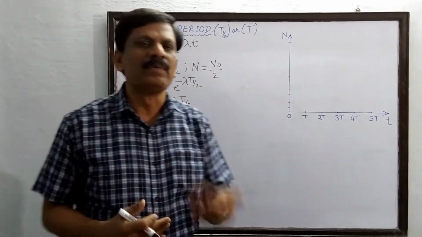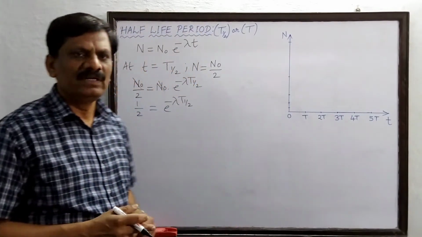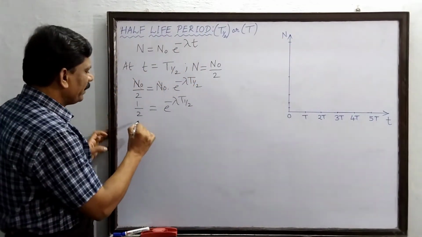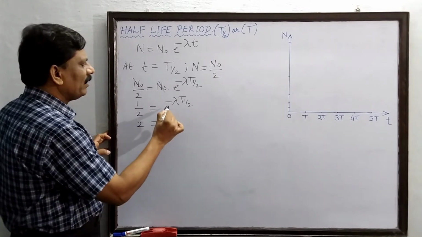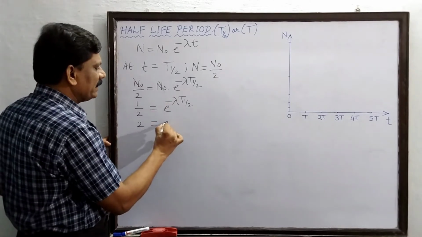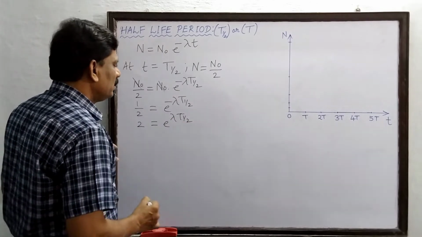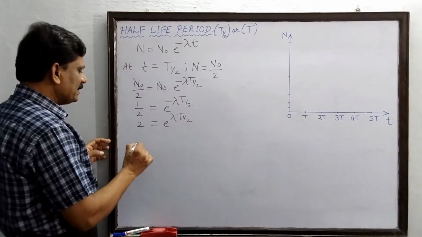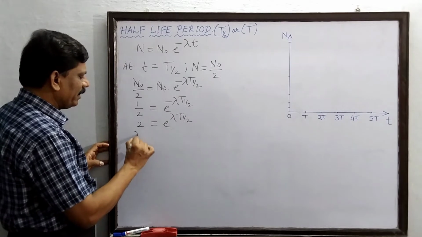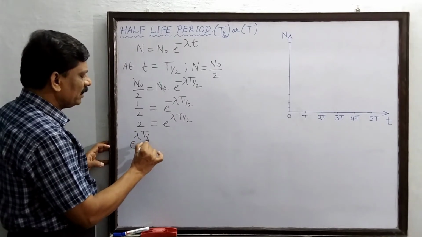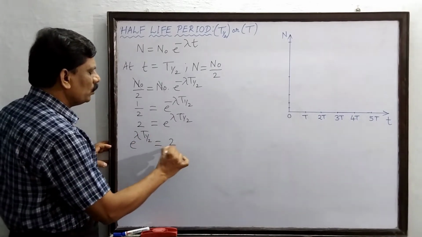Now I will take the reciprocal. The reciprocal of 1 by 2 becomes 2, and the reciprocal of e to the power minus is e to the power plus lambda into T half. I will change the sides now. So e to the power lambda into T half is equal to 2.